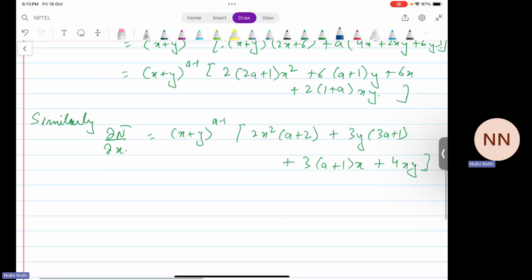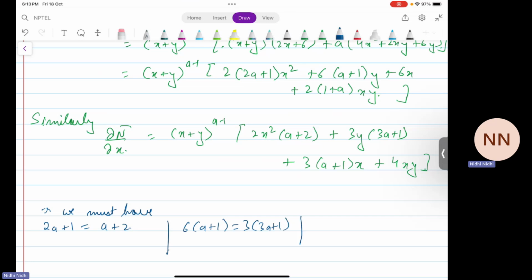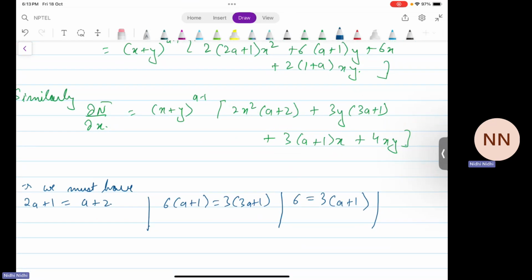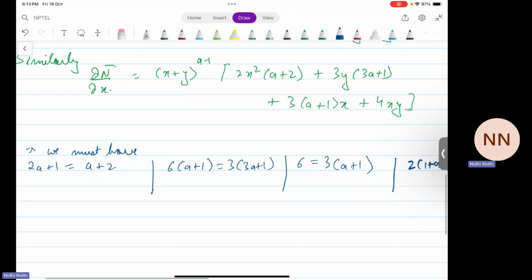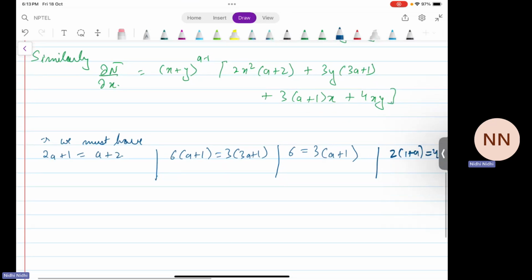So from here, we must have 2a plus 1 equals a plus 2, 6a plus 1 is equal to 3a plus 1, 6 equals 3a plus 1, and 2 times (1 plus a) equals 4. So in all the 4 cases, the value of a should be unique. Then only we can say that such an a exists.